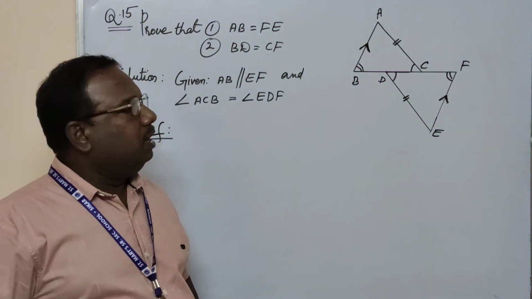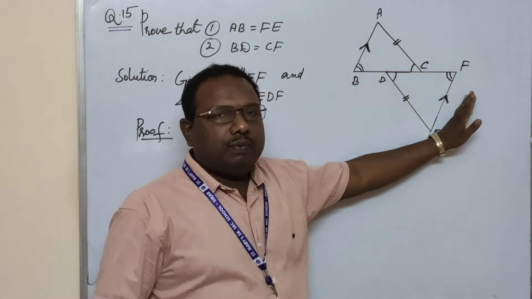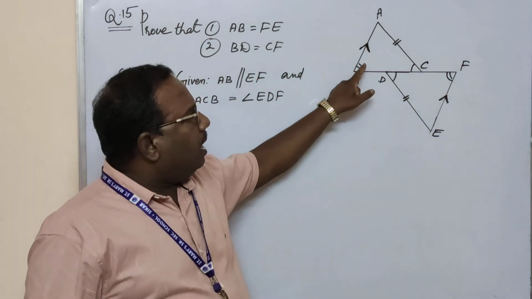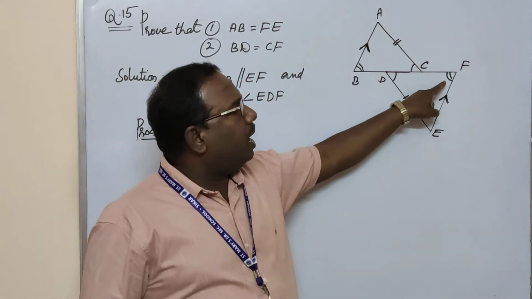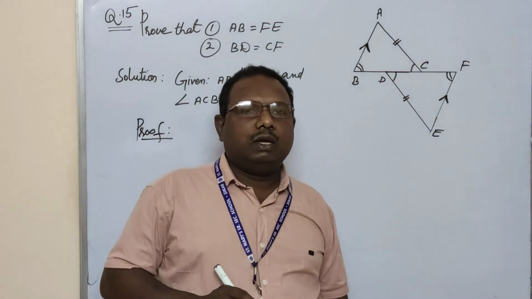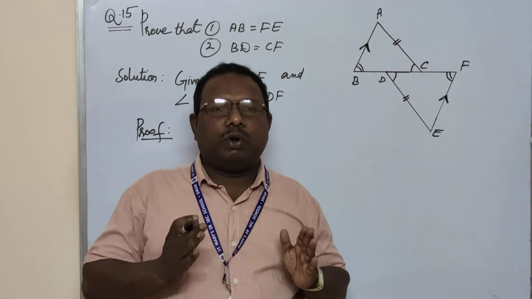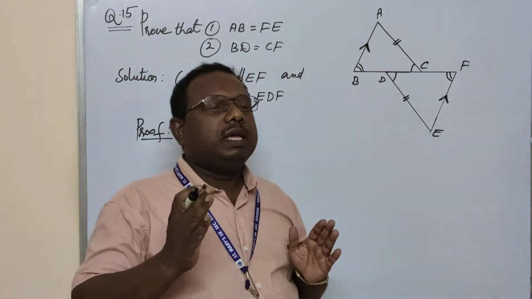Clear? AB is parallel to EF, which implies angle B is equal to angle F. Both are alternate angles. Lines AB and EF are parallel, therefore alternate angles are also equal.